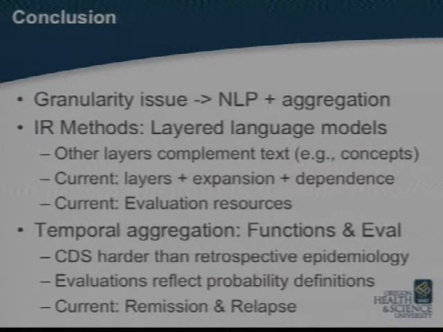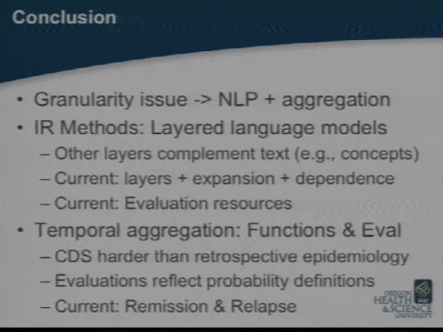We're currently working on getting those various layers to work with query expansion and term dependence. And we're also building that large resource here at OHSU in order to evaluate all of these methods. And hopefully that resource will eventually be something that many others here at OHSU, and many of you perhaps, will be able to leapfrog off of, or springboard off of.